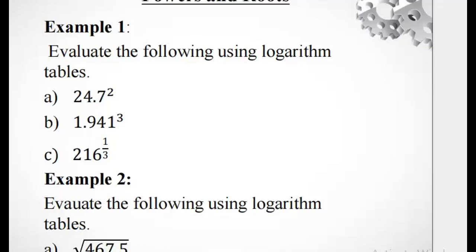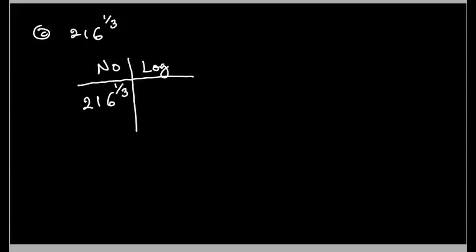So over to the next question. 216 raised to the power of 1 over 3. Now let's have our setup this way. First of all, the number we are given is 216 carrying a power of 1 over 3.